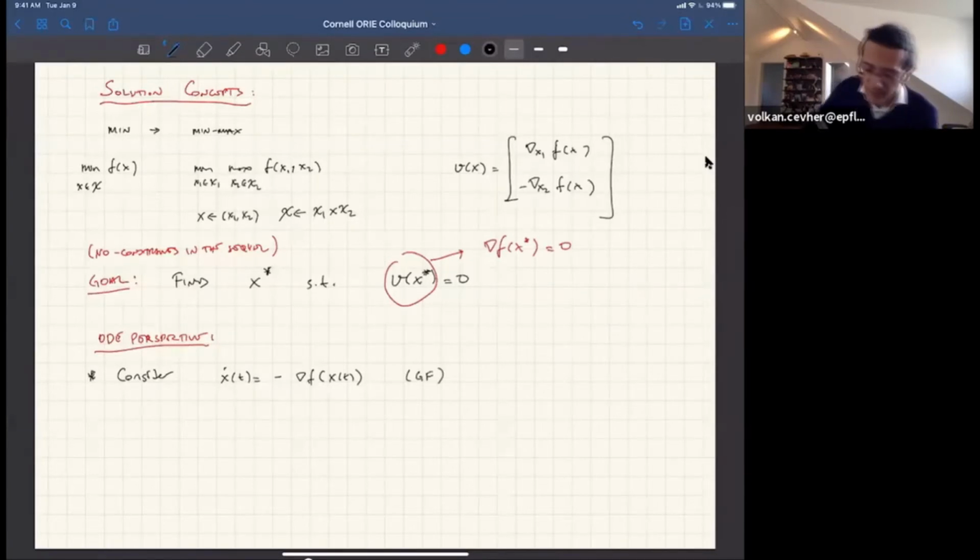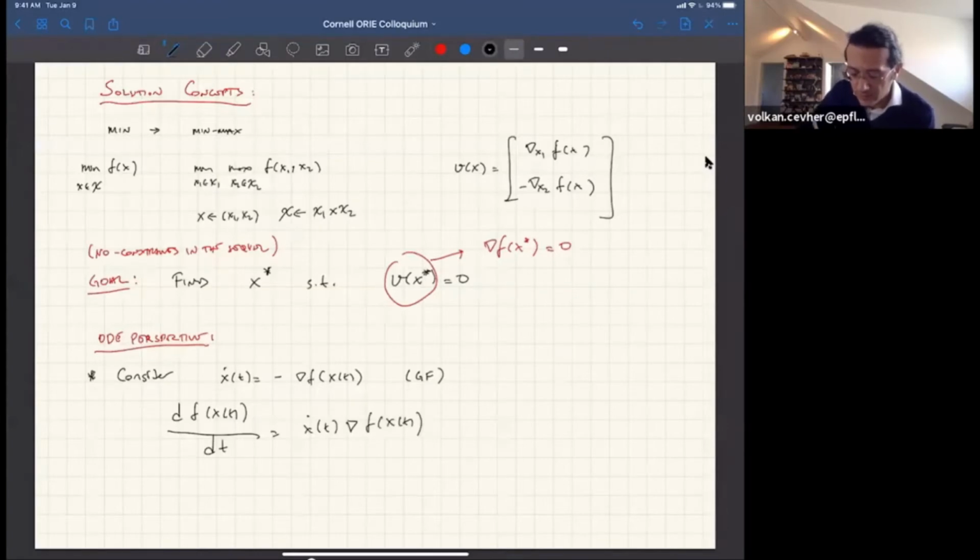So if you think about it, d f(x_t)/dt is something like x dot t times the gradient of f of x of t, which is minus the gradient norm. So this is always negative.